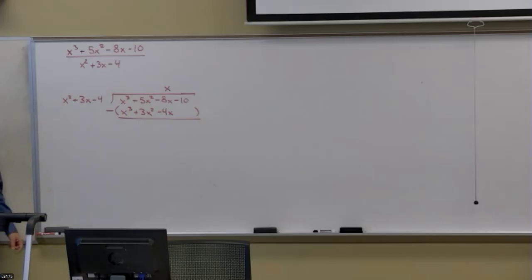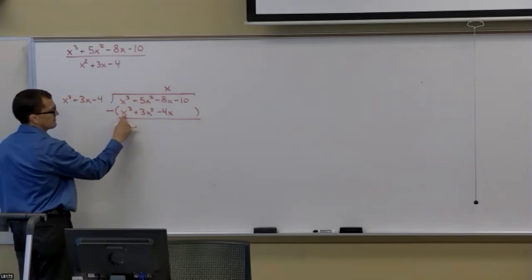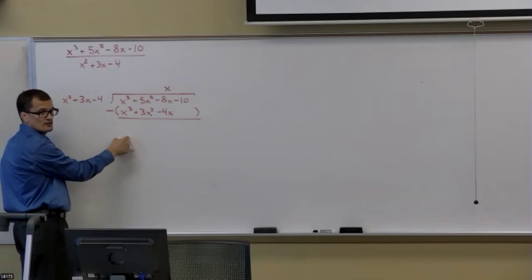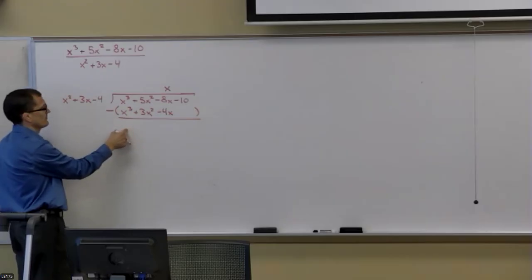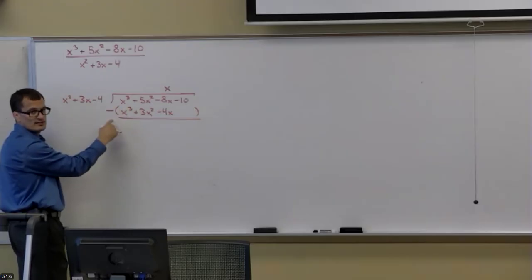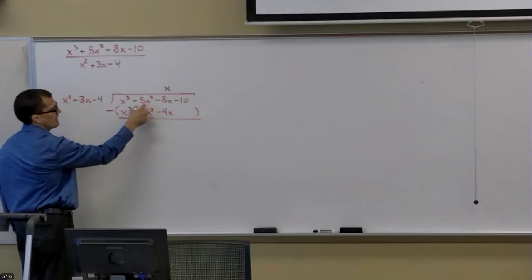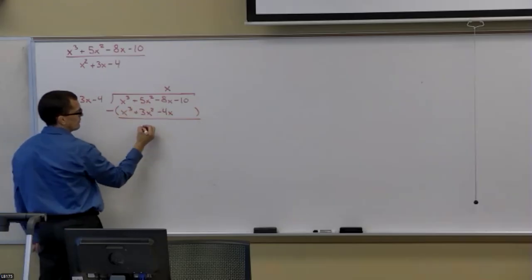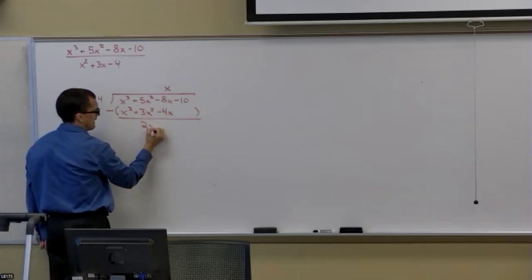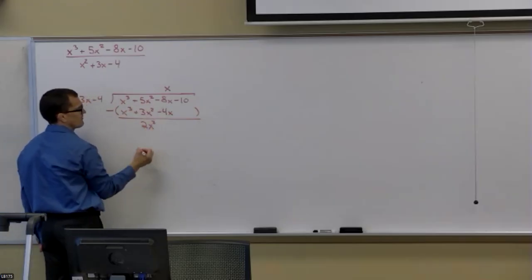You guys seen this process before? x to the third minus x to the third gives me no x to the thirds. That's why I wanted these to match up, so that when I subtract it, I drop this whole column. 5x squared minus 3x squared is a 2x squared.